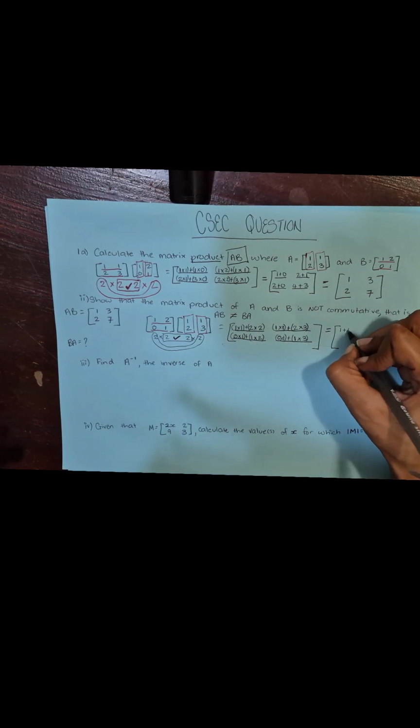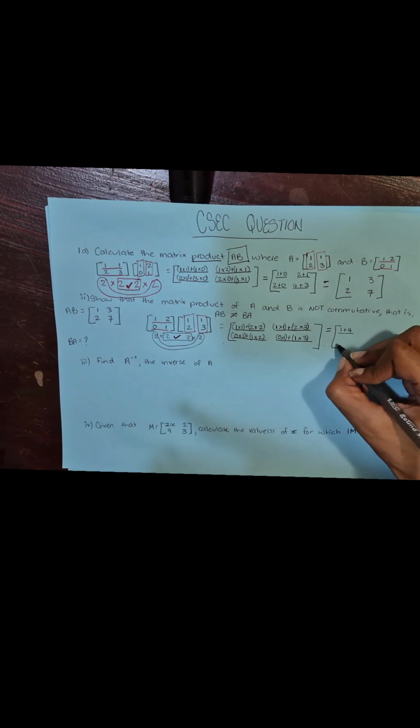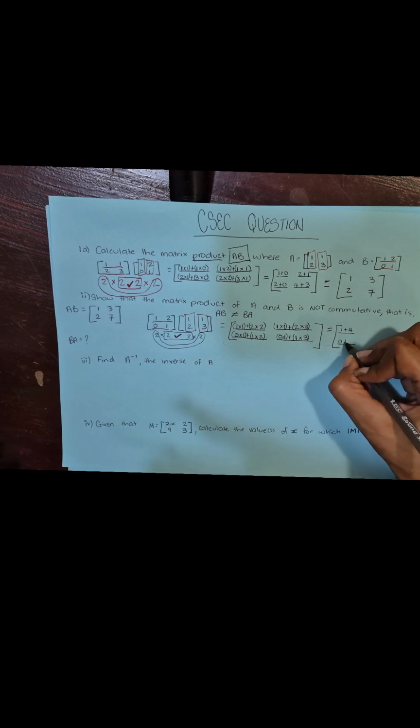And we're adding them. Make sure to use the brackets when you put it in your calculator. So now we're going to do this. We got 1 times 1 is 1, plus 2 times 2 is 4. On this line we have 0 times 1 is 0, plus 1 times 2 is 2.